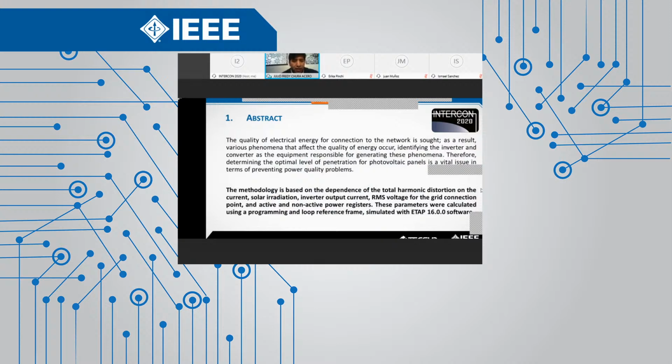And the methodology is based on the dependence of the total harmonic distortion on the current solar irradiation.